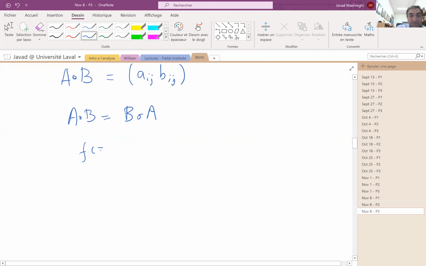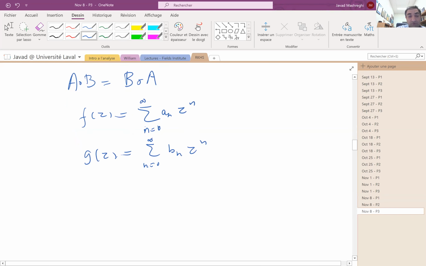If we have f of z equals the sum over n of a_n z^n and g of z likewise, well, we do f times g in regular product, or sometimes called Cauchy product. The first component is A0 B0, but the second is not A1 B1, it is A0 B1 plus A1 B0, and so on. And when they go, we do the Cauchy product.